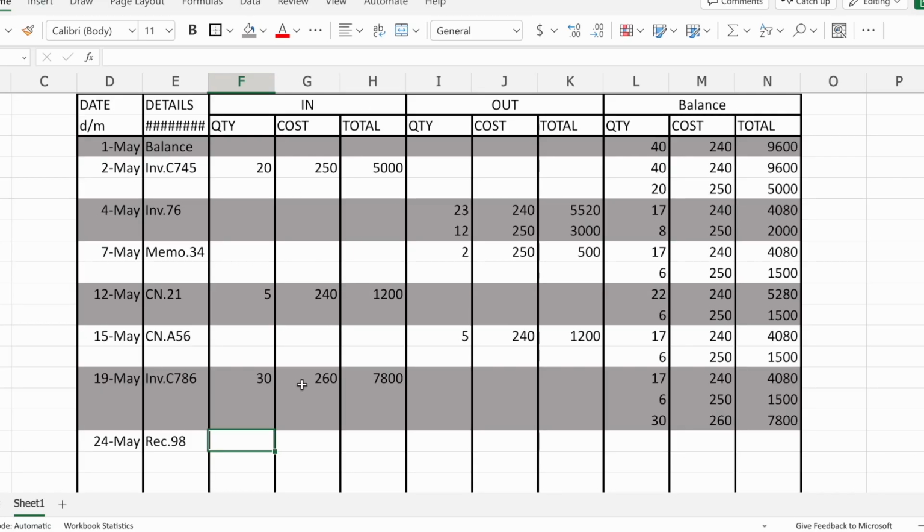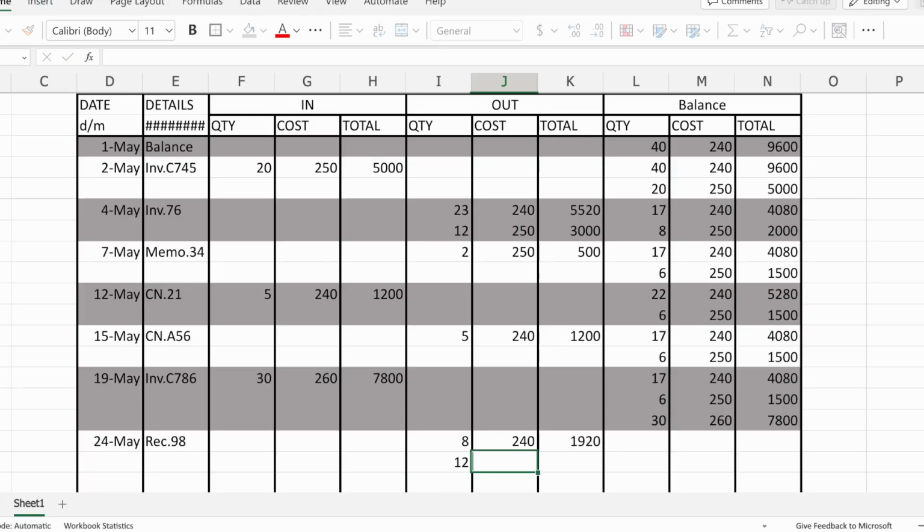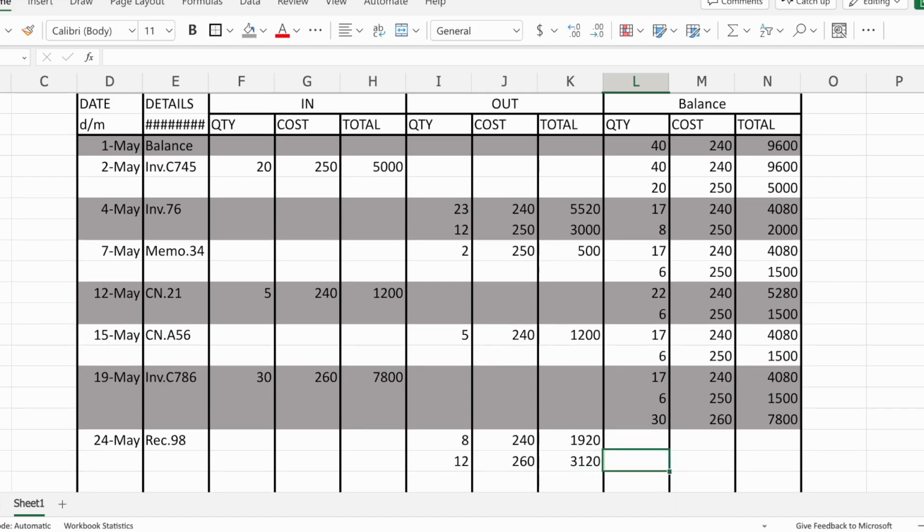They sold 8 that had a cost price of 240, so 8 times 240. And 12 had a cost of 260. Now you multiply those, and then you get a total amount of 3,020.